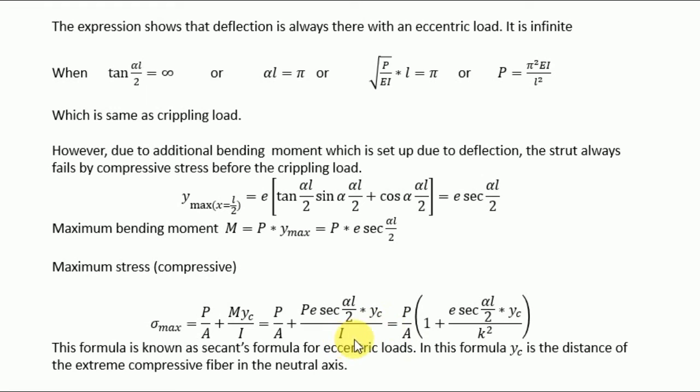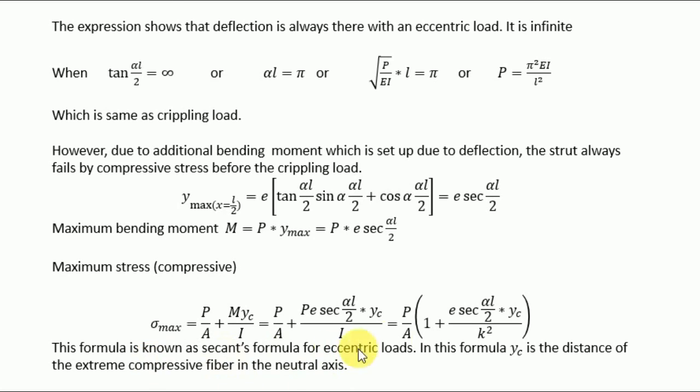In the ratio I upon A, we have the value of k squared, which is already known as the radius of gyration, related to the slenderness ratio of a beam.